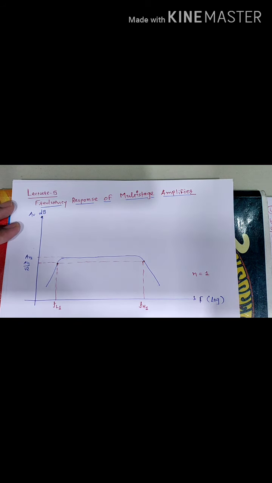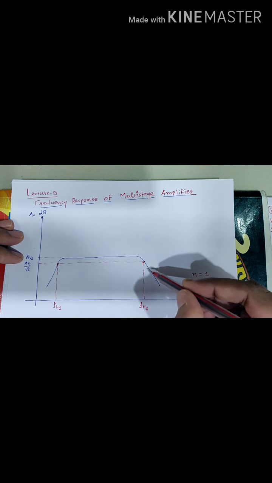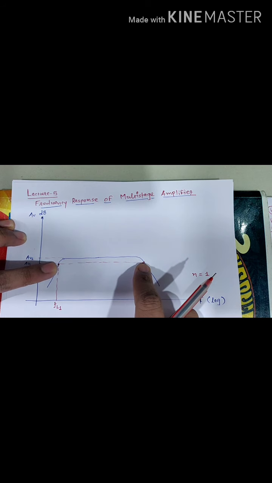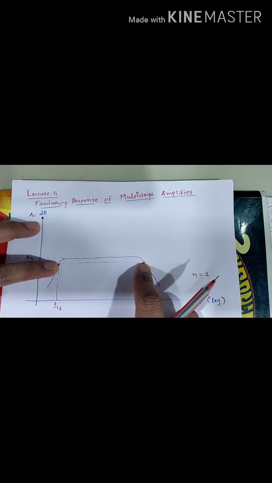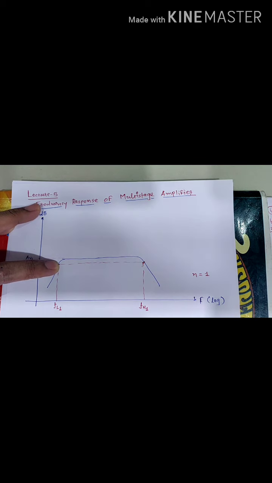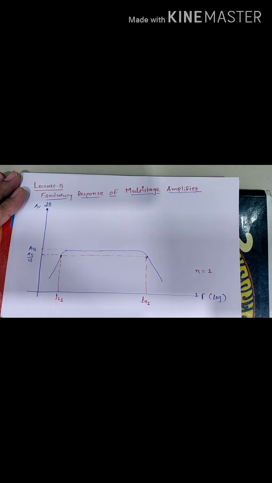Here we can see that the gain is decreasing and decreasing. Only in this region do we get the constant gain, and this is called the mid-band gain of the amplifier. Now, as we are discussing the frequency response of a multi-stage amplifier, let us take another stage of amplifier.